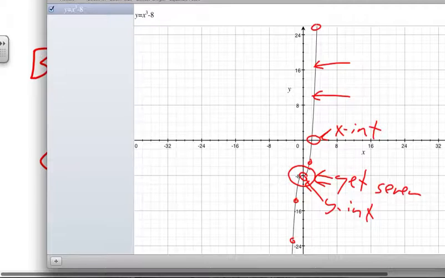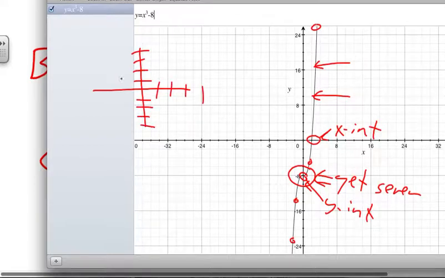When you come along on your paper, once you get these points, then you draw your graph, put your scale. This is 2, 4, 6, 8, 2, 4, 6, 8. And I know that at -8, I've got a y-intercept.